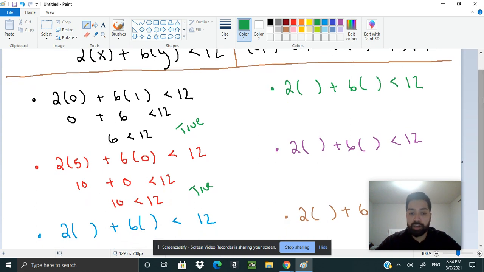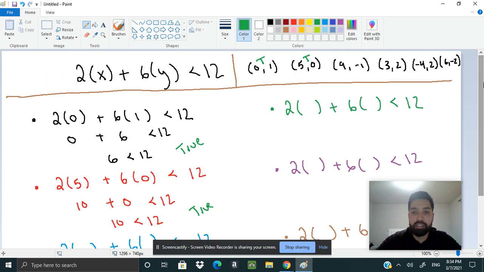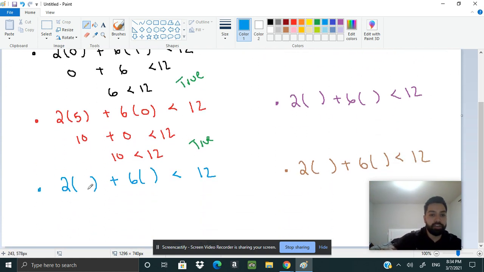Okay, now that you're back, we're going to take a look at the rest of these and see what we come up with. So here we go. We're going to try the 9, negative 1. Plug it in down here. You've got some negative numbers in here. Let's see how that plays out. 2 times 9 is 18. 6 times negative 1, that's negative 6. So we have 18 minus 6, that is 12.